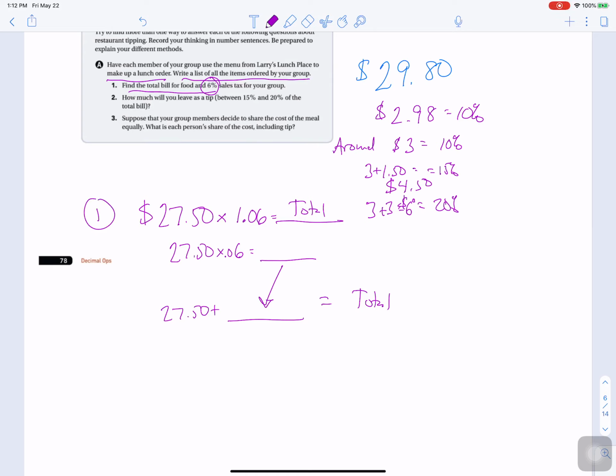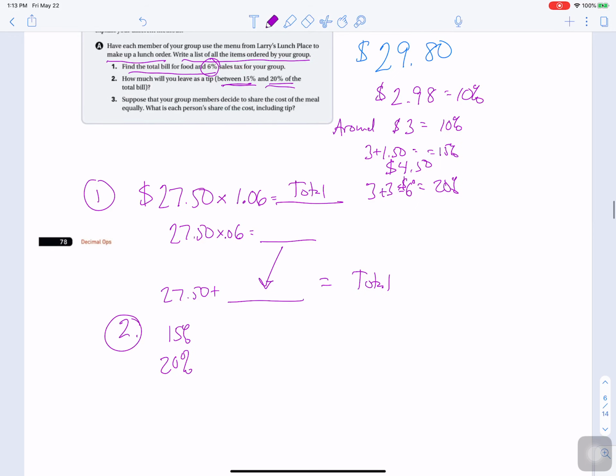And then second, I want you to figure out your tip. I would like you to get 15% and 20%, both of those. And suppose that your group members decide to share the cost of the meal equally. What is each person's share of the cost?